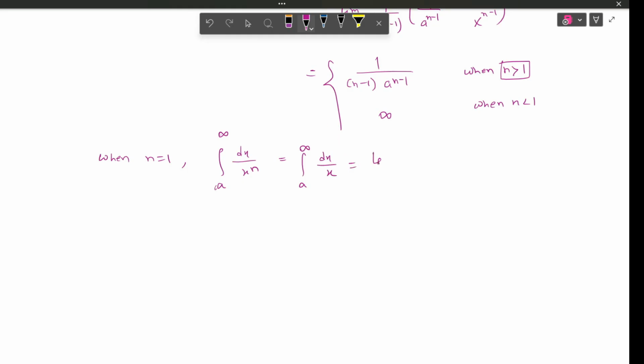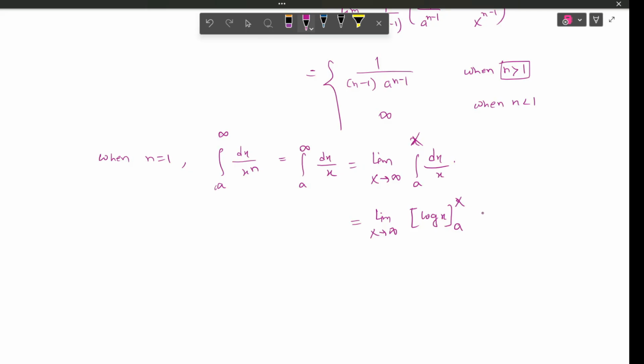Now, if you put the limit as x tends to infinity of the integral from a to X of dx by x, 1 by x integrates to log of x. So the limit as X tends to infinity of log x, from a to capital X.